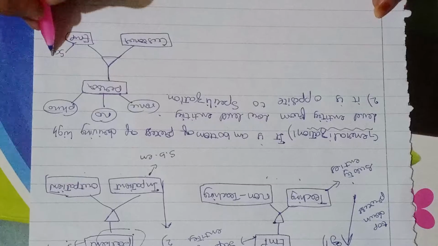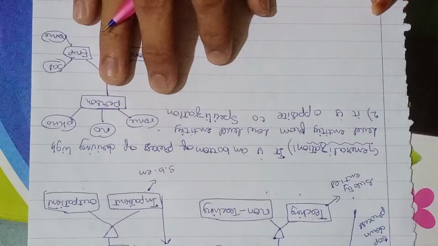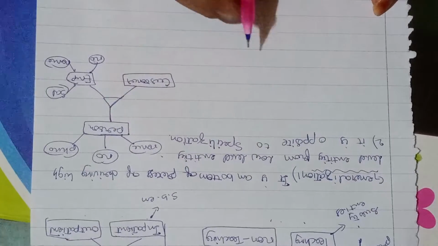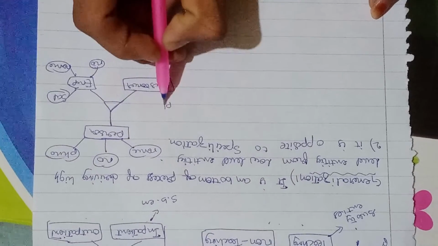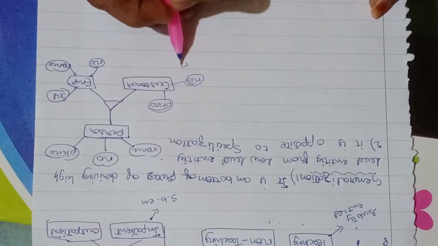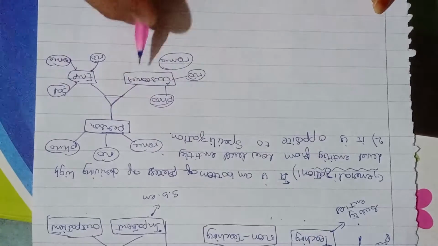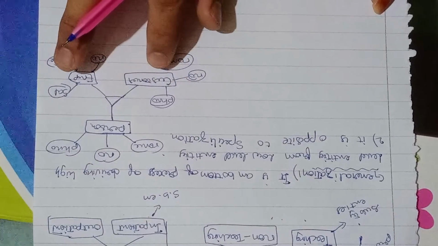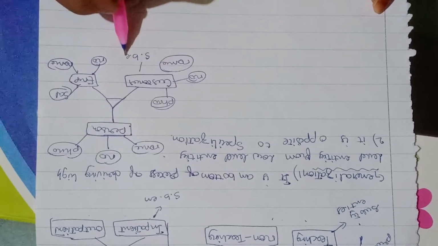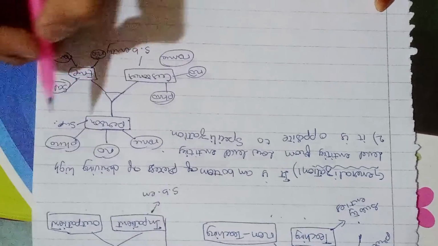Employee has salary, name, and number also. Customer has phone number, number, and name. Now, if you see, person is the supertype entity, and customer and employee are called subtype entities.